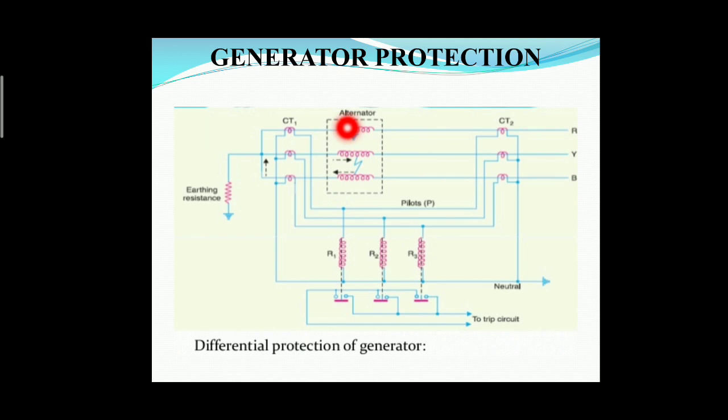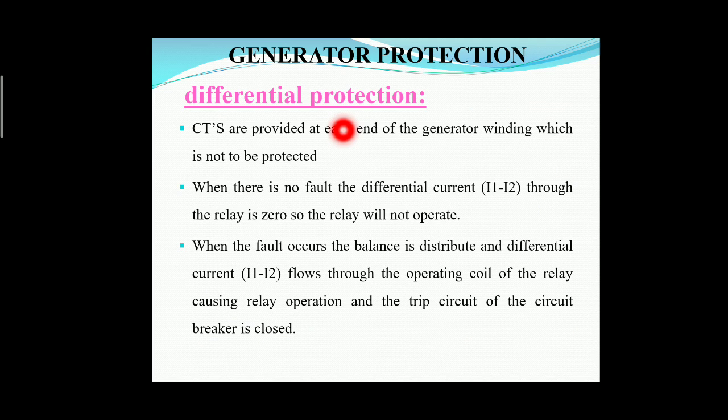In those three lines we are connecting the three stator windings. At both ends of the stator winding we are connecting the two CTs, CT1 and CT2. The CTs are provided at the ends of the generator winding which is to be protected.